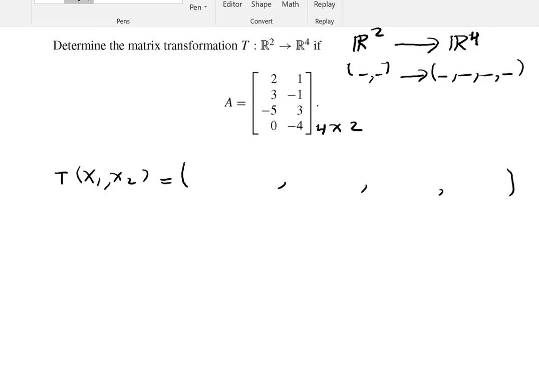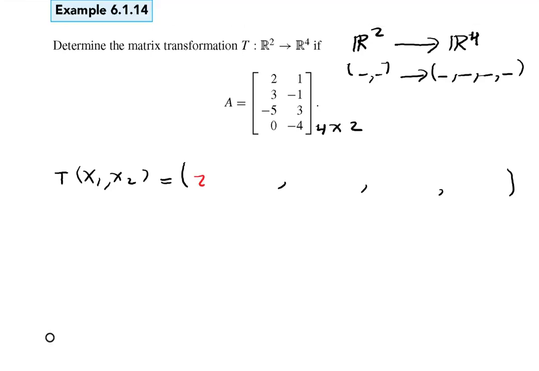The first part is 2x1 plus x2. Now take a look and see, where do I get those from? If you notice, I took it from here. Okay, now the second one, what do you think the second part will be?